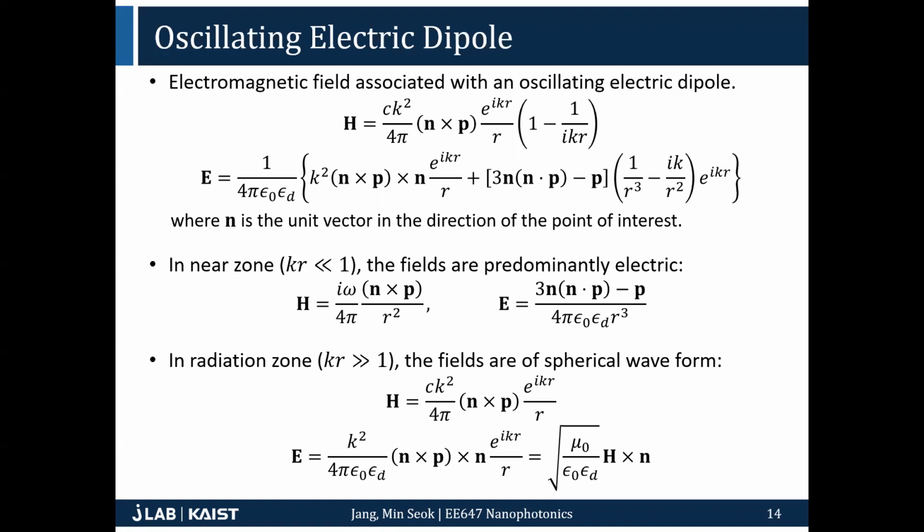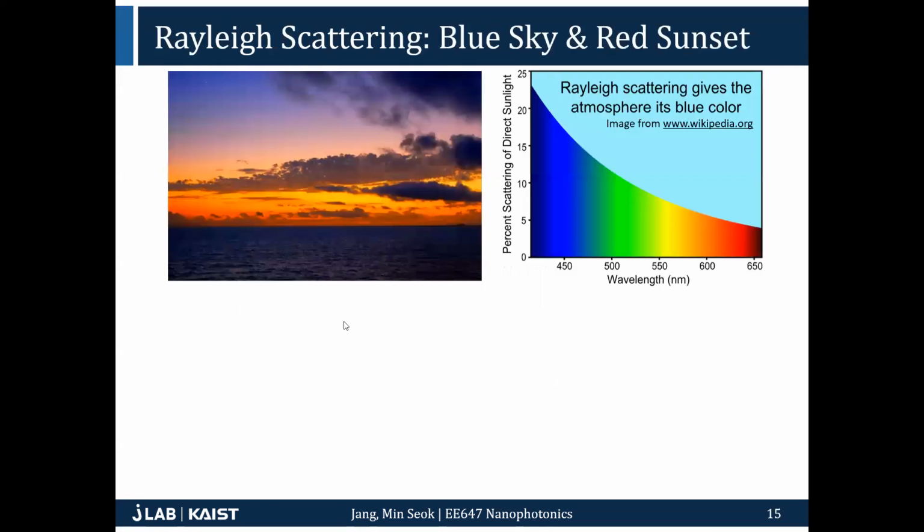Okay, then I'll try to tell you what's the result of this Rayleigh scattering. So if you look at the sky, you know, the sky is blue and the sunset is red, and you can associate that with the Rayleigh scattering.